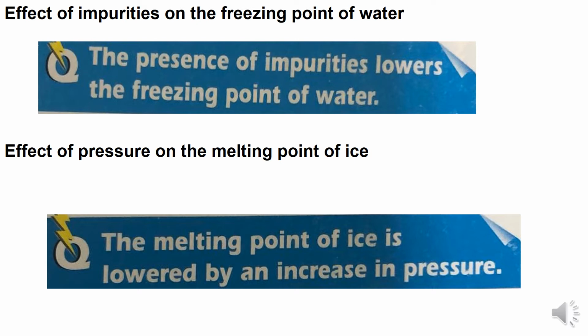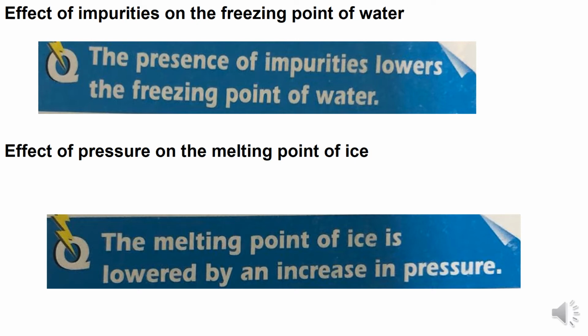Next one is the effect of pressure on the melting point of ice. The melting point of ice is lowered by increasing pressure. How? Take two ice cubes and press them together. When you press, the pressure will be high and the ice cubes will start to melt.